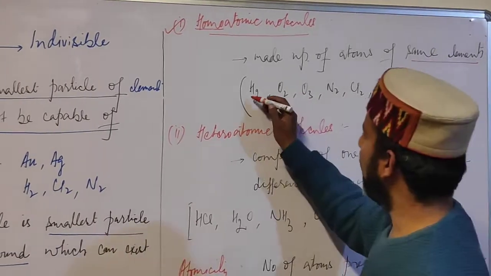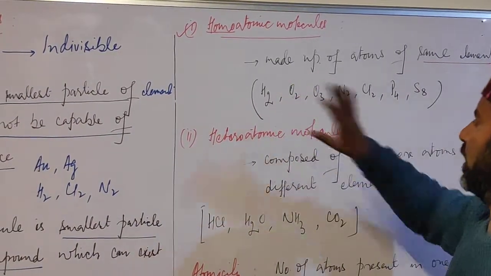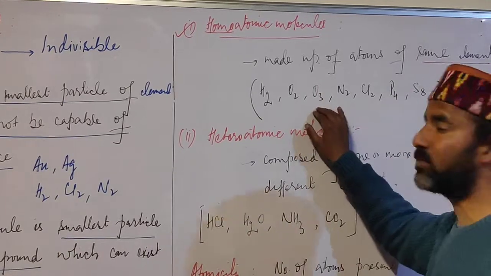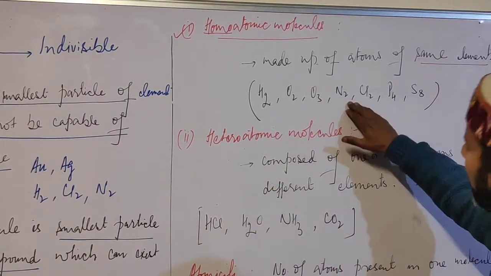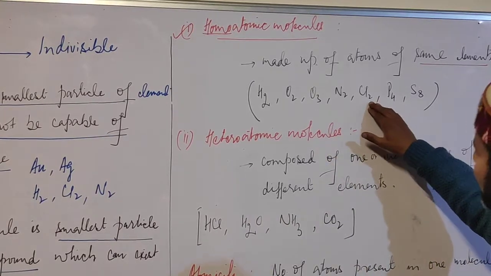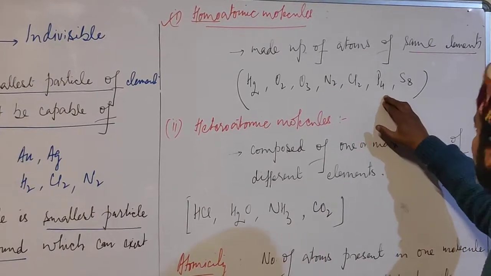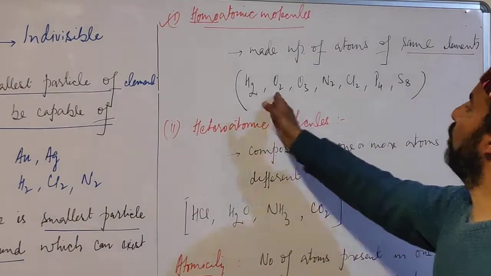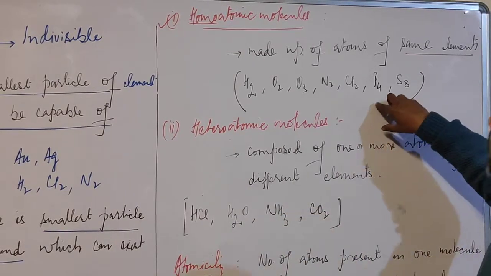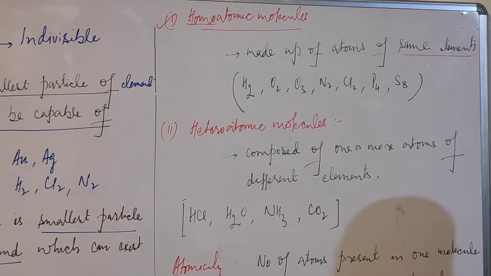Like in hydrogen we have 2 hydrogen atoms, in the oxygen molecule we have 2 oxygen atoms, in ozone we have 3 oxygen atoms, but they are atoms of the same element. Nitrogen has 2, chlorine Cl2, phosphorus has 4 atoms, but they are of the same element, phosphorus. Sulfur has 8 atoms. So all these molecules are made up of only atoms of the same kind. That means these are homoatomic molecules.